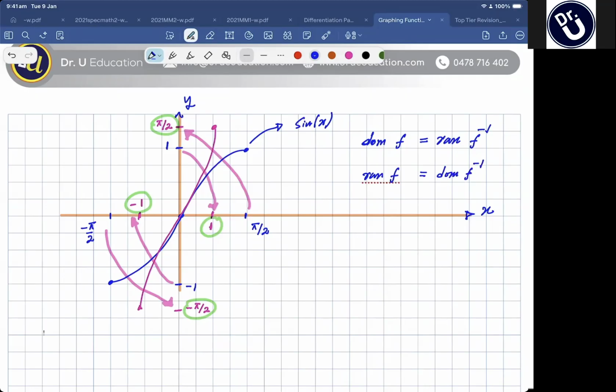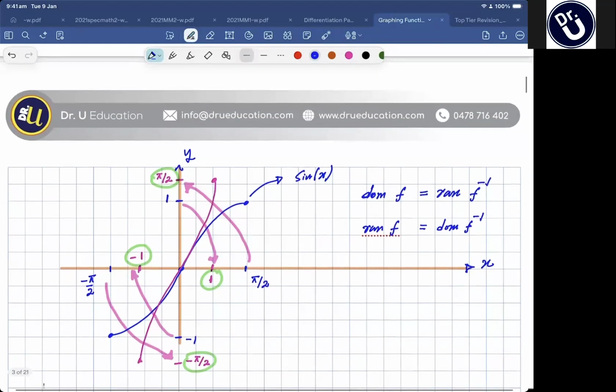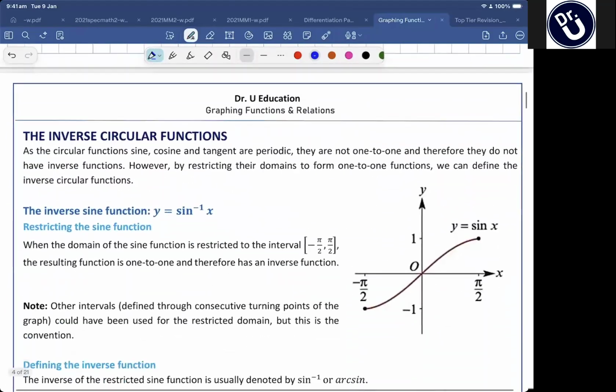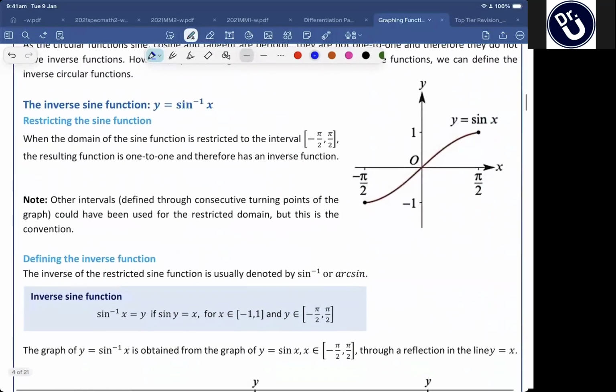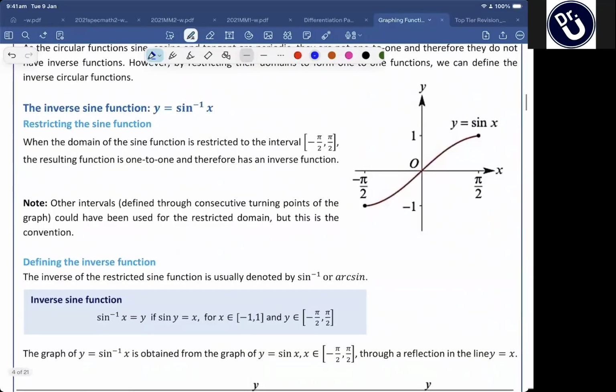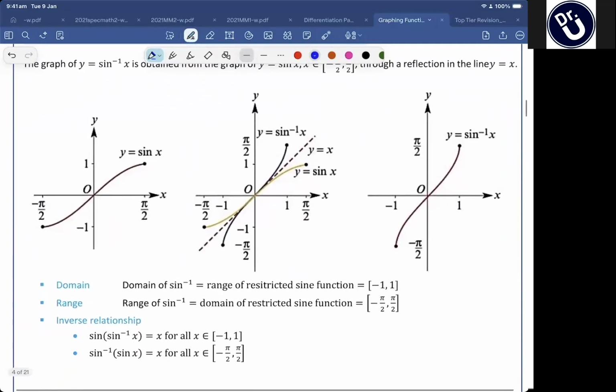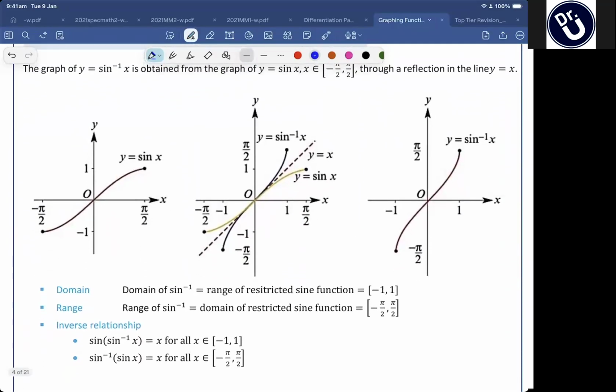Okay. So that's all you have to know about the sine inverse functions. Right? Okay, let's go to our notes. Look at this. I explained everything. Sine function and how the inverse function looks like, see? So this one I explained to you, goes from here to here.